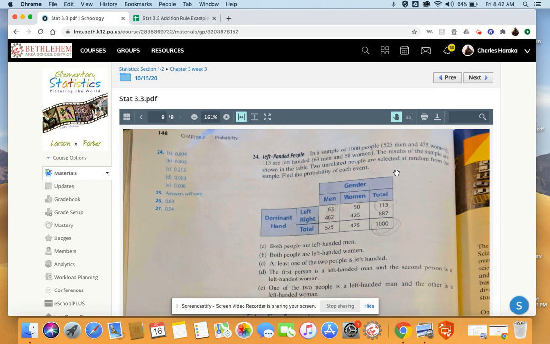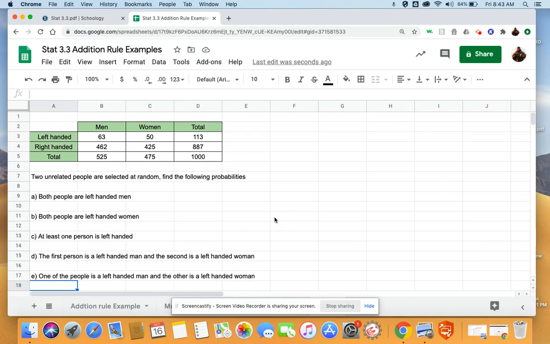This is, again, a multiplication rule question where we're going to have to pick our probabilities out of a two-way table. So I've gone ahead and copied these questions over here to another Google Sheet, and we'll go ahead and answer these questions. Got our table here, 63 left-handed men, 50 left-handed women, 1,000 people total.